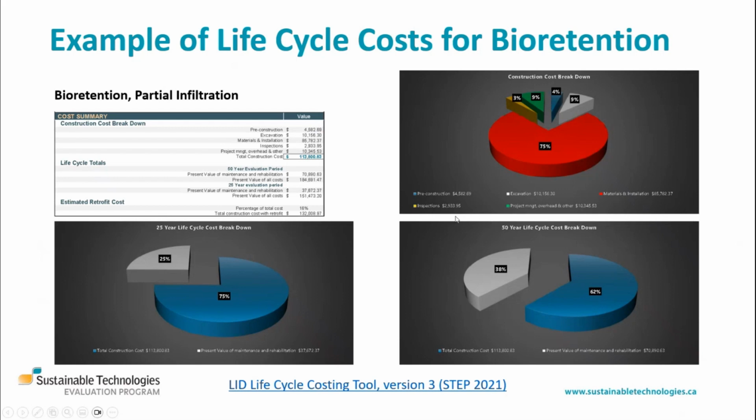And to a lesser degree, you have about $3,000 spent on inspection over its lifetime. And then project management, overhead, and other expenses incurred are about $10,345. So again, we can see that the cost of LIDs can be quite a bit of money, but the return on investment over time is helping improve the water quality on site.